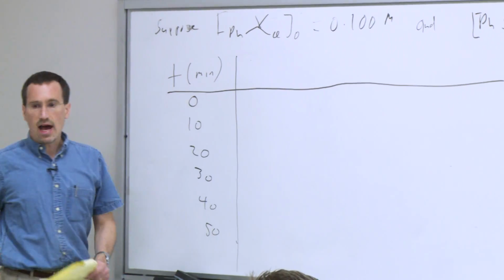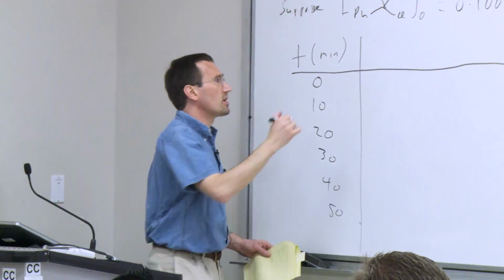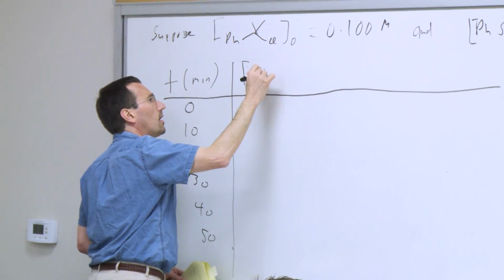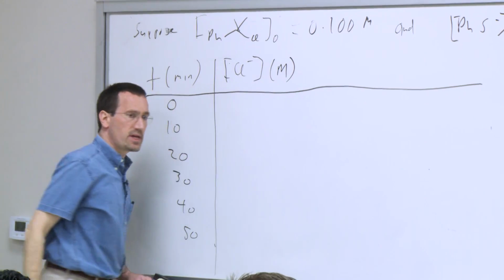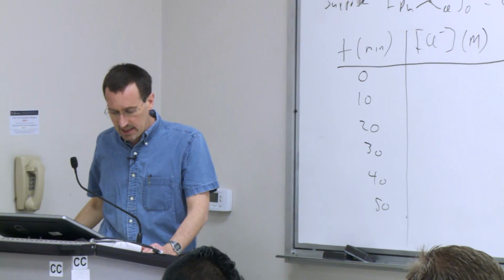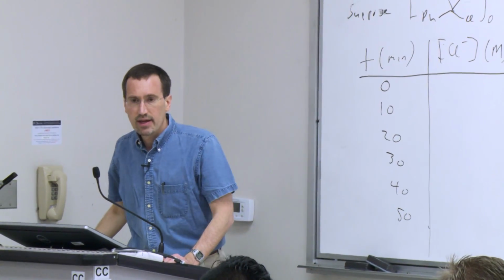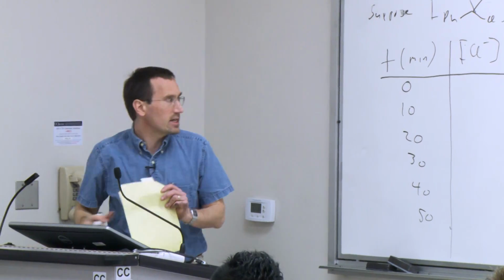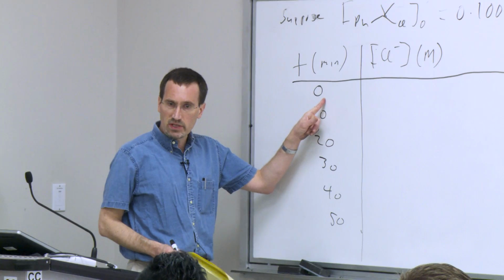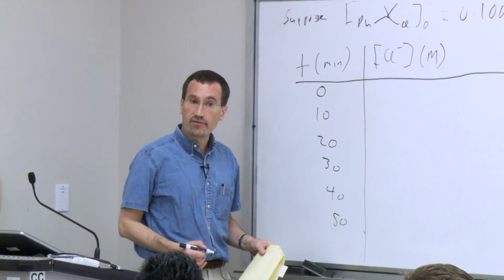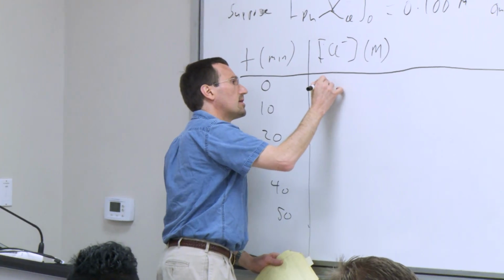And let's say I measure concentrations of chloride in molar, let's say with a chloride-sensitive electrode. And I'm going to make up some data here that would be realistic for this reaction. So at time 0, you'd expect to have no chloride present.